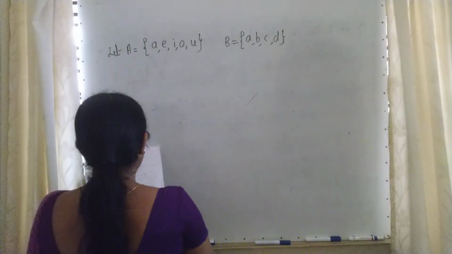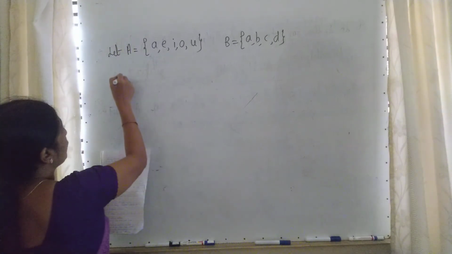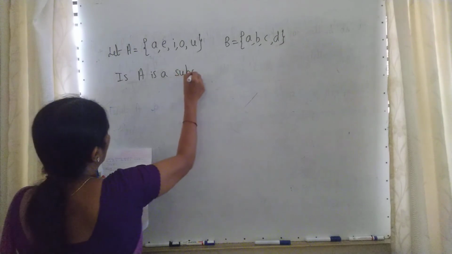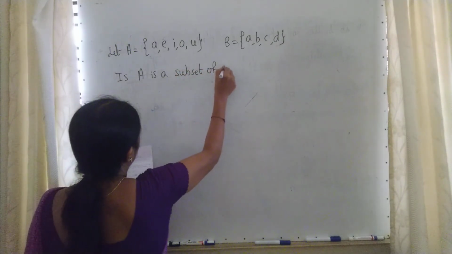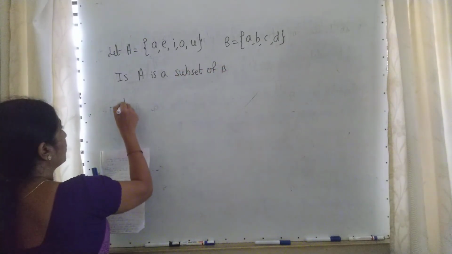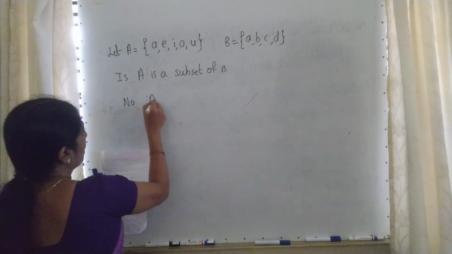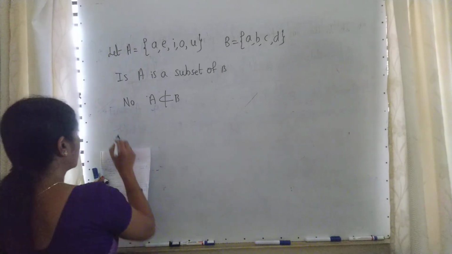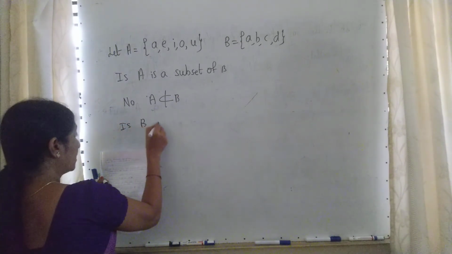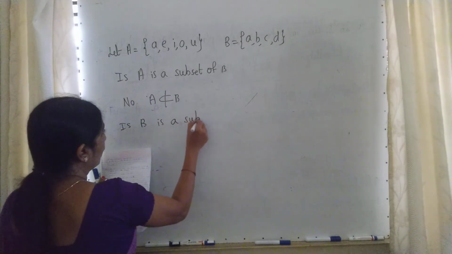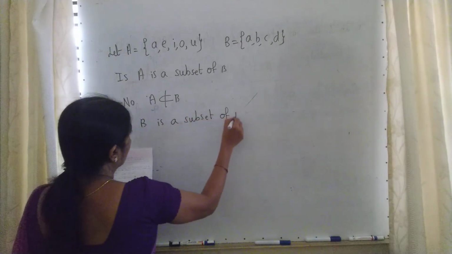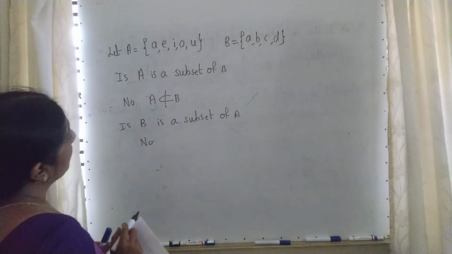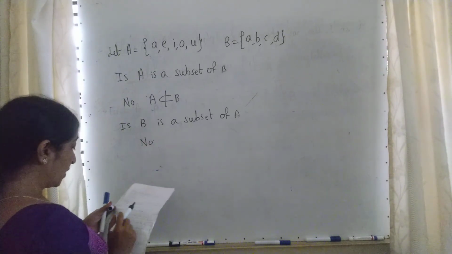Question: is A a subset of B? What is your answer? No, A is not a subset of B. Then second question: is B a subset of A? No, it is also no. Because B is not present. You know the reason very well.